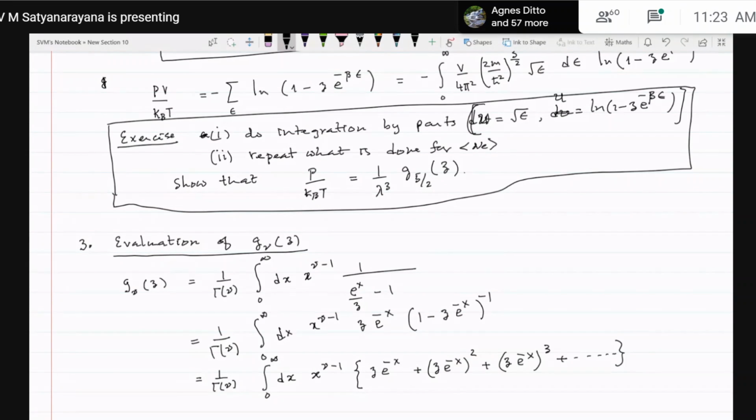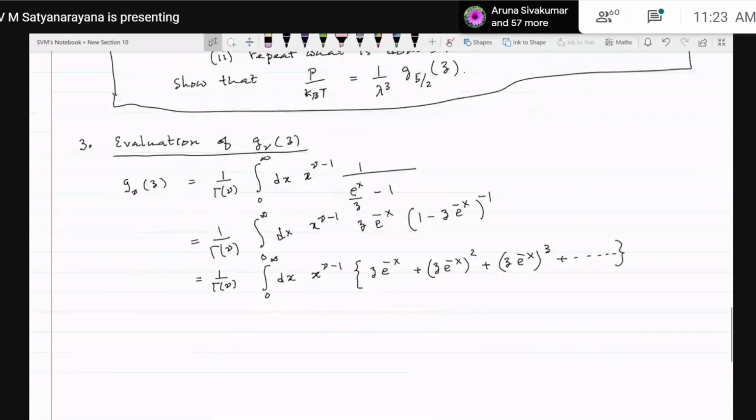Now the integration is over x, correct? So now I can pull that out and write this as 1 over gamma of mu into integral 0 to infinity dx x to the mu minus 1.